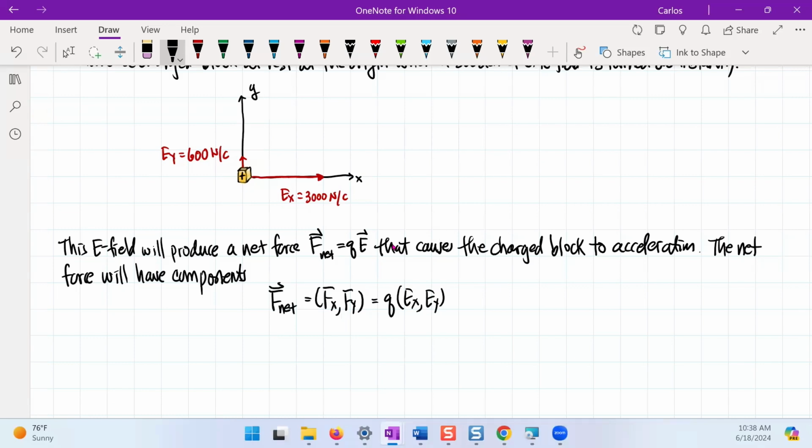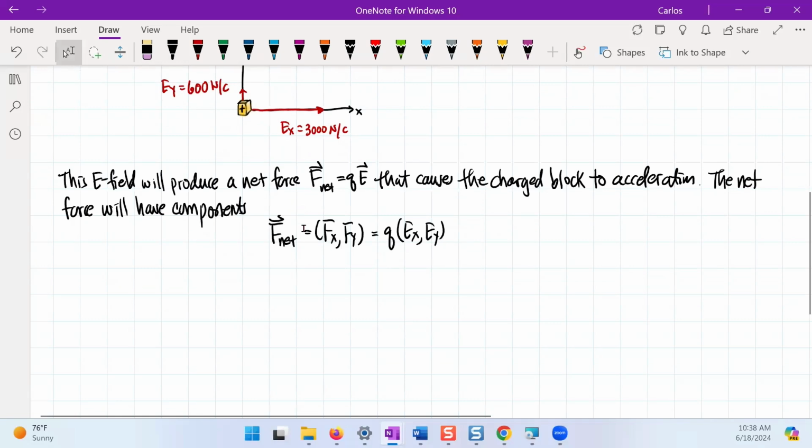So just to give you a sense of this, if it's 3000 to 600, we could see that the strength of the field and therefore the strength of the force is 5 times greater in the x direction than it is in the y direction. So when we look at its position or displacement, it should be roughly 5 times larger in the x direction than the y direction.